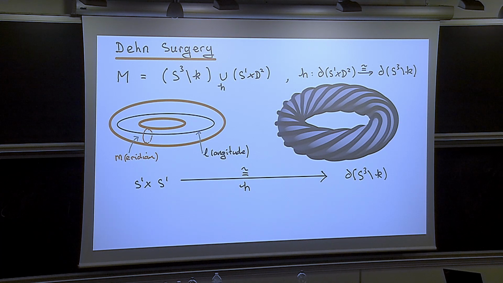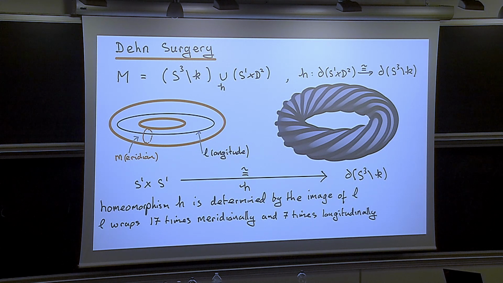We capture this mapping by 2 numbers. I wrote it on there: H, this particular homeomorphism I'm illustrating, is determined by the image of L. L wraps 17 times meridionally and 7 times longitudinally. So we can determine a homeomorphism like that, and now it's just a case of gluing back what we've removed, but you have to constrain yourself to work in the category of regular CW complexes, so it's a bit fussy.